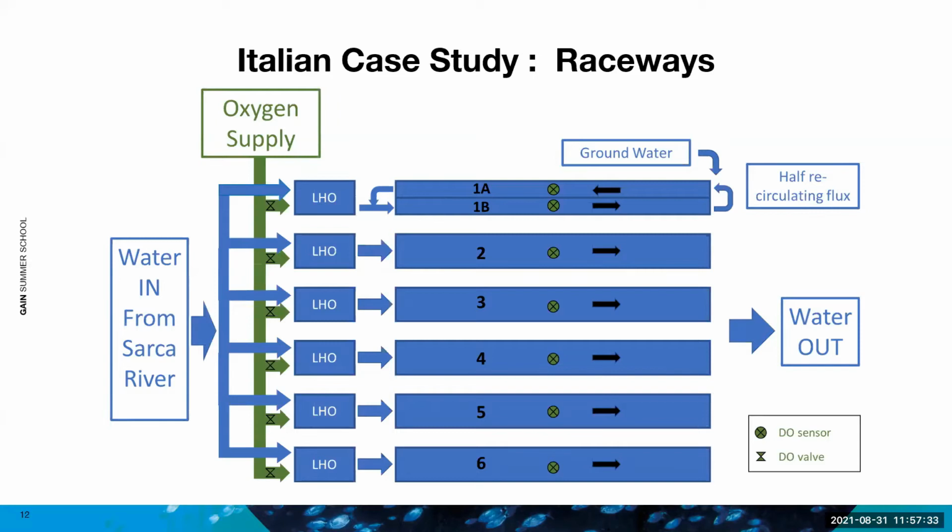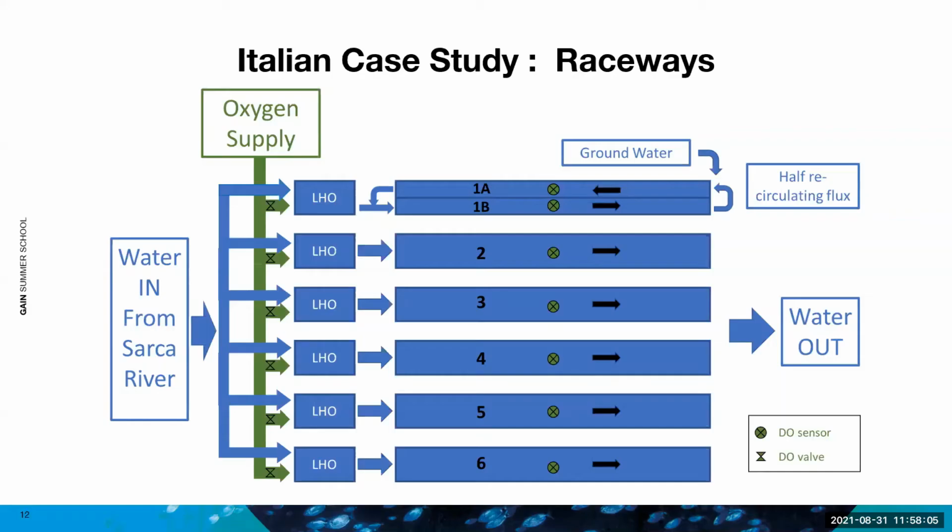And this oxygen supply is made through a low head oxygenator, which was designed by the farmer, and which allows dissolving the liquid oxygen within the water that comes into the raceway.